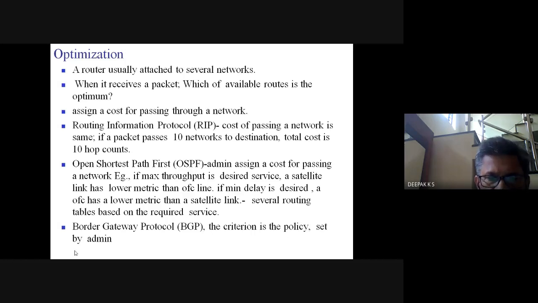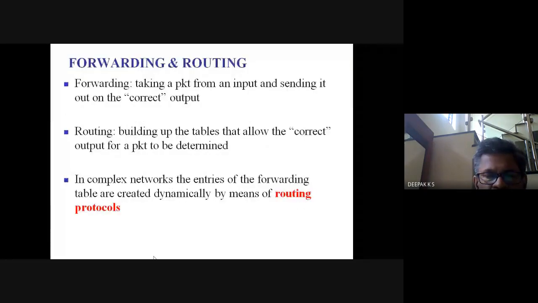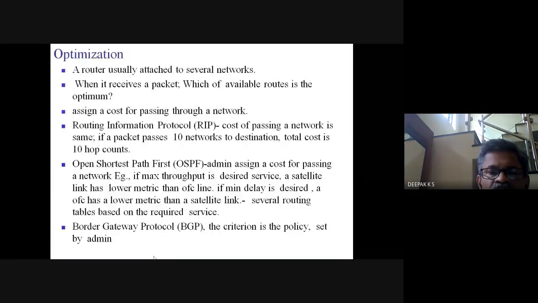Now Border Gateway Protocol, that is this third one, path vector routing. So that one, the criteria is the policy which is set by the admin. So basically, you should assign a cost for passing through the network based on some metric.